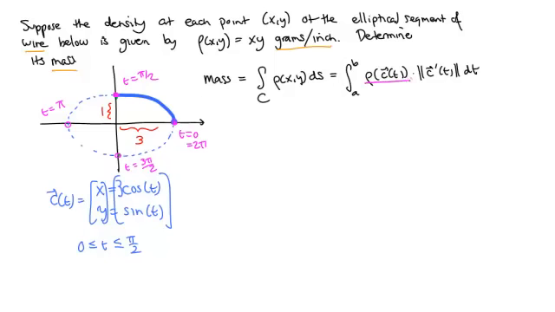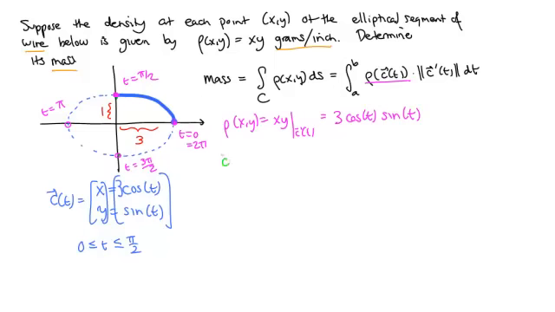So for example, rho of c of t. Now our rho of xy function is the product xy. In the case of the curve here, the x-coordinate is 3 times the cosine of t, the y-coordinate is sine of t. And so our rho restricted to the curve is 3 cosine t sine t.